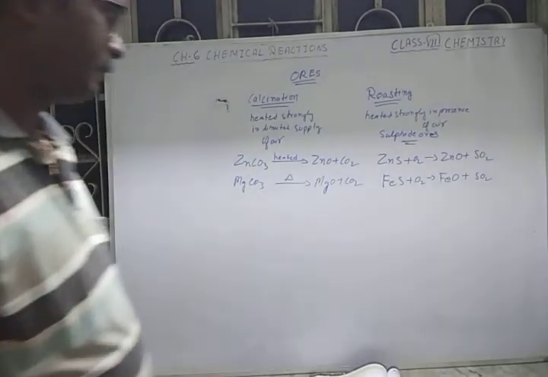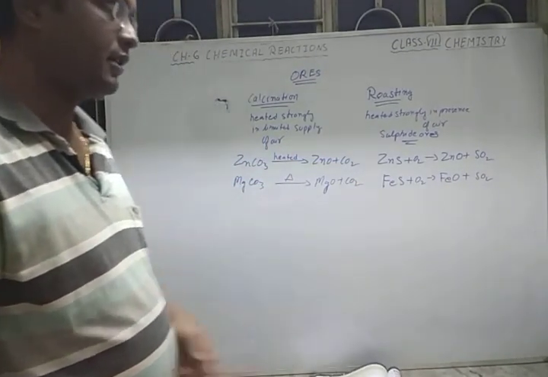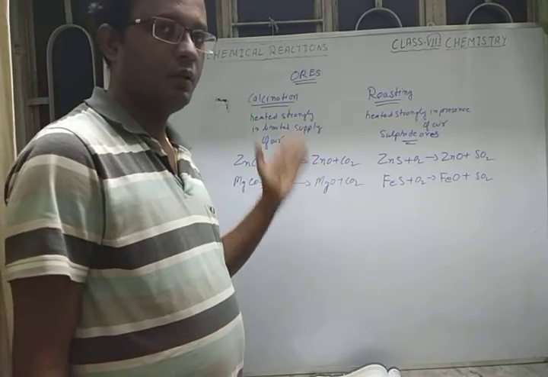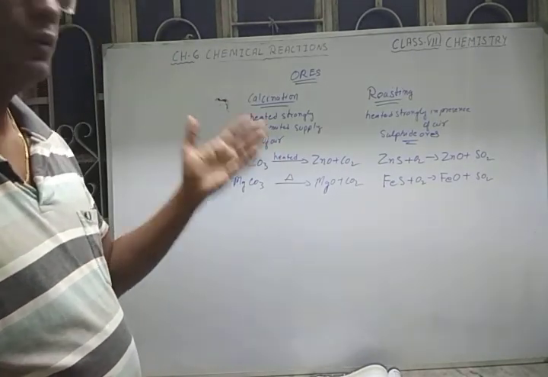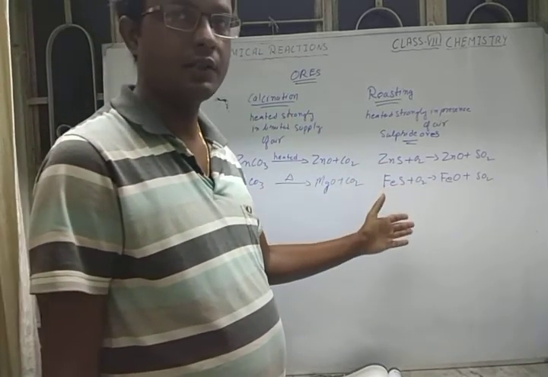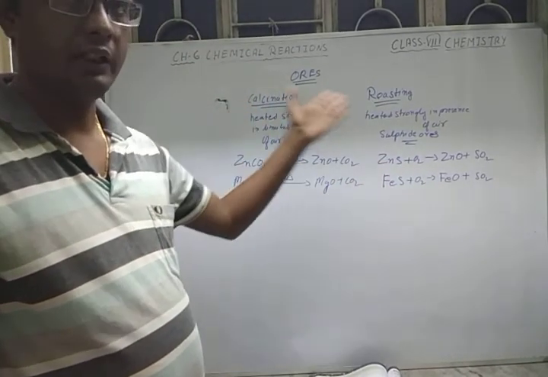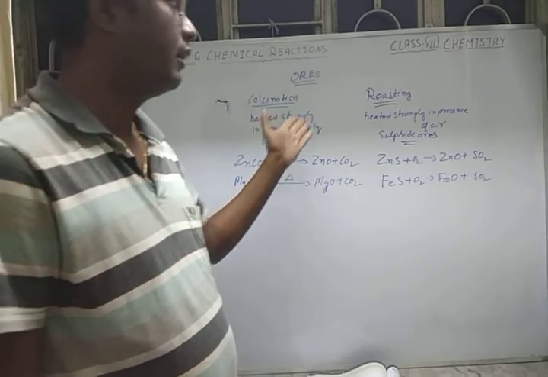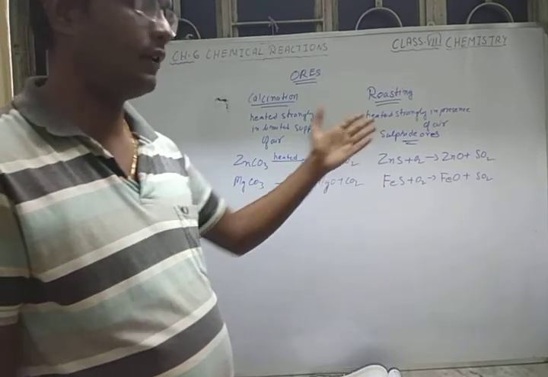These are unbalanced equations I have written, so you have to balance them. This is how ores can be oxidized by two processes: the calcination process and the roasting process. In both processes ores are strongly heated, but in calcination we use a limited supply of air, and in roasting we need a proper supply of air.